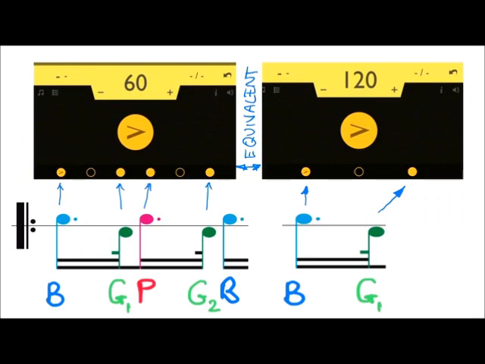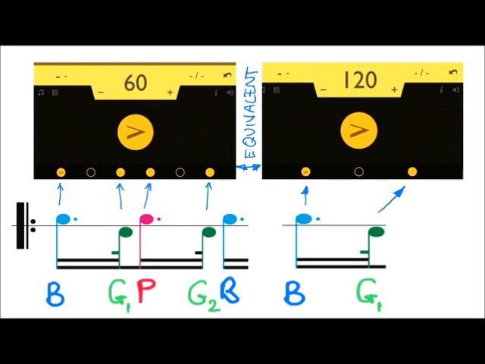Okay, these are 2 screenshots from the Tempo Advanced metronome that I use, and we can see the one on the left, just explaining that. The one on the left, we've got our beat, groove, pulse, groove sequence, divided up into 6 little dots across the bottom of the metronome screenshot, and each of those line up with the 4 notes that are on our notation.